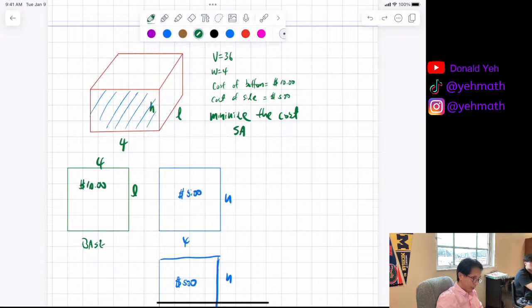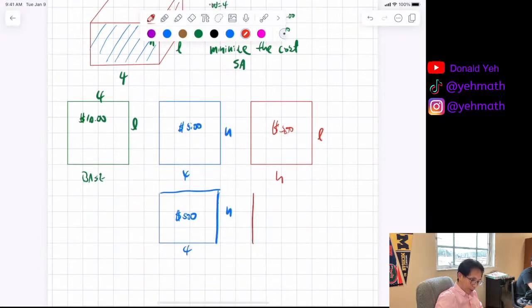Any questions about that side? Let's talk about the red side. What is the red side going to be? H times L. Good, you're doing good. So H and L, and that's also $5.